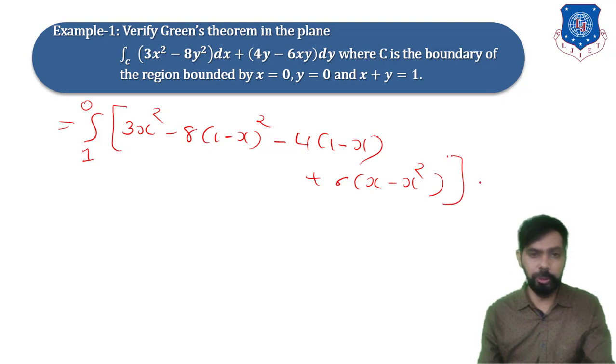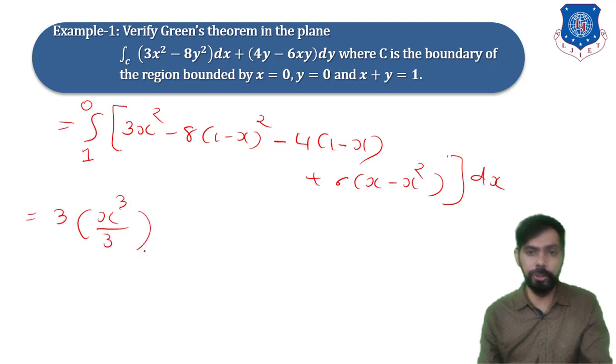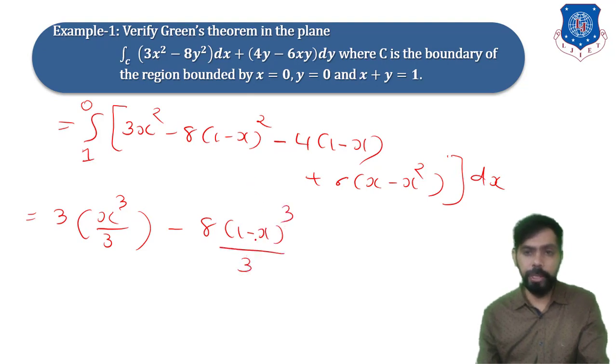Now we will take the integration of the first term. So here the first term is 3x square, so 3 will be as it is, and the integration of x square will be x cube divided by 3, minus 8. The integration of 1 minus x whole square with respect to x will be 1 minus x whole cube divided by 3, and here the coefficient of x is minus 1, so it will be multiplied by minus 1, so it will be minus 3.